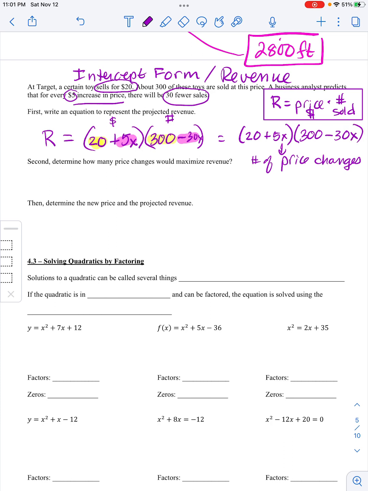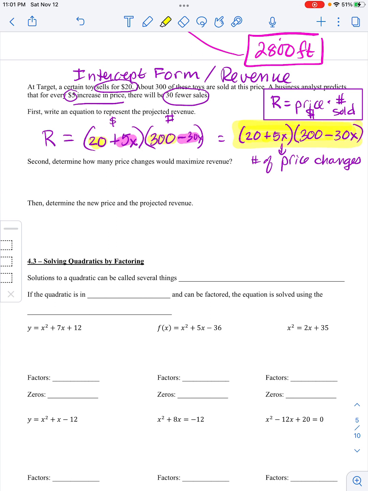If you're increasing the price, these will always be opposite, because if you're adding to the price, you will sell less. If you were decreasing the price, then you'd sell more. So one of those is always going to be adding and one of those is always going to be subtracting. Okay, so this is our intercept equation that we have to use.